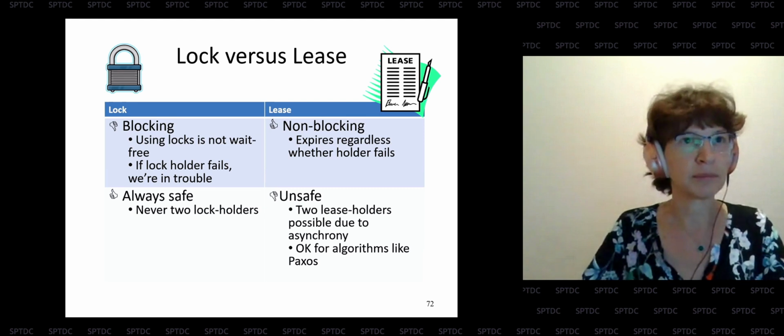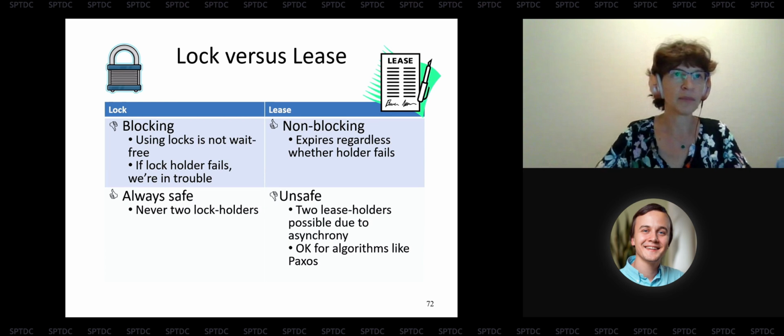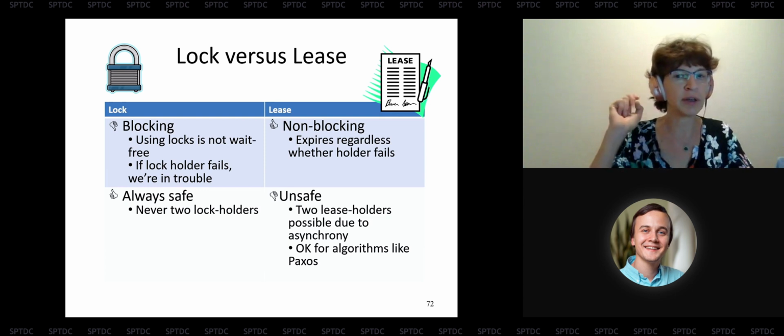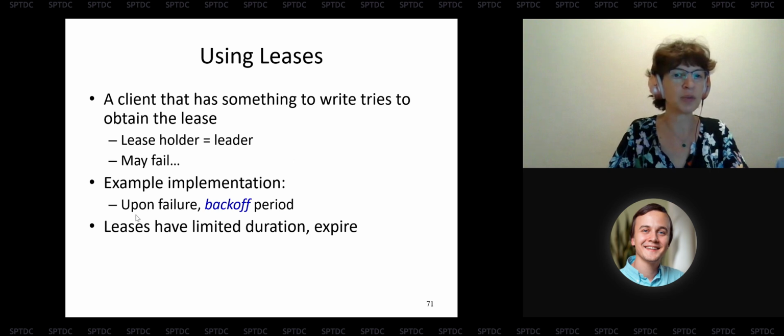A more practical question: how can you implement a lease mechanism in practice? That's what I wrote in the previous slide. You could use a backoff, for example.